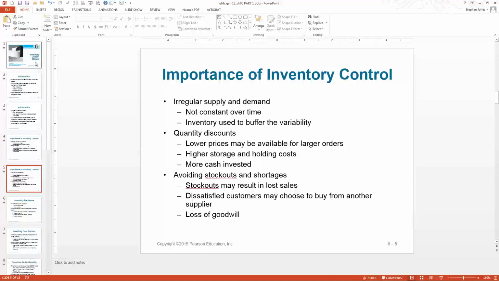And then how critical to you would stockouts or shortages be? If customers are willing to wait for product, then stockouts aren't as much of a problem for you. But if they're ready to walk out of your store or switch to a new supplier at a moment's notice, then you've definitely got to be on top of your game in case you were to have a stock out.